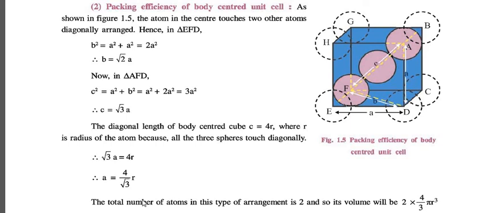Okay, and one more point you need to remember here, the relation between a and r, because the question is asked in terms of a only, which is the length of the side of the cube, and you need to find the distance. So we will use this formula.